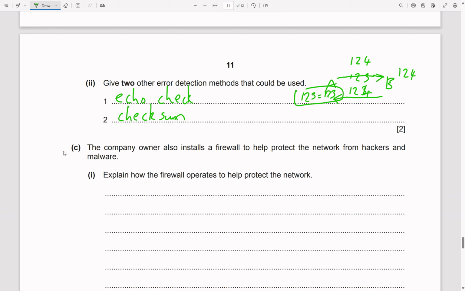For an example, let's say A, B. Let's say we're sending the data 1, 2, 3. Now, of course, this is going to be a lot longer. Let's say A does some checksum, and we get a value like A7, 4. So this data is going to hash to this A7, 4.